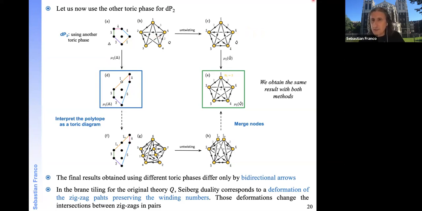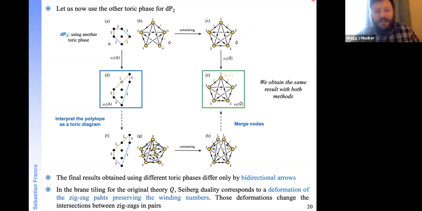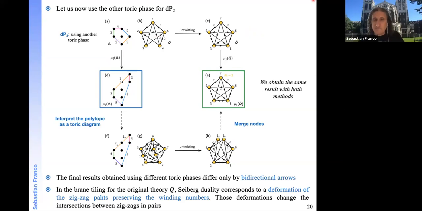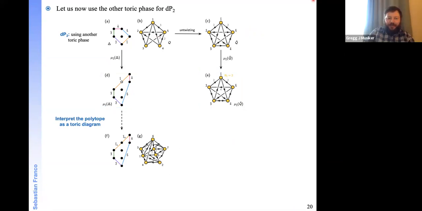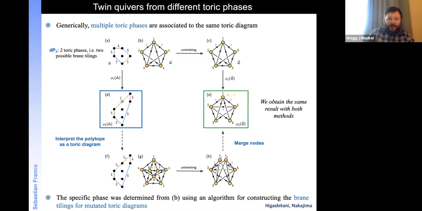Okay? Yes, Greg. Can I ask a question about DP2 and this bidirectional arrow? If you go back one slide to the other toric phase. If I remember correctly from when I studied this example before, if you look at the brane tiling itself, there's a way to draw it so that you have a two-valent vertex, a two-directional arrow between vertices 2 and 5 and what's called B in this quiver.